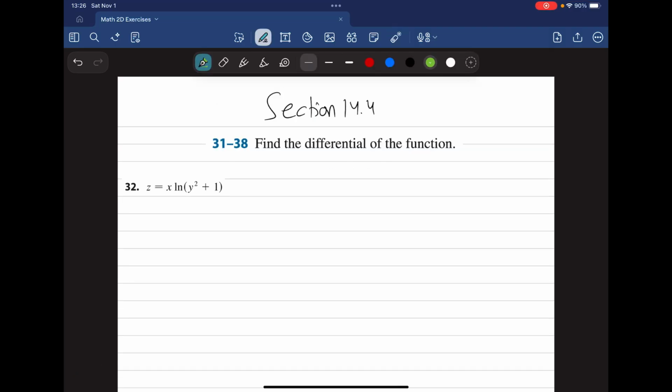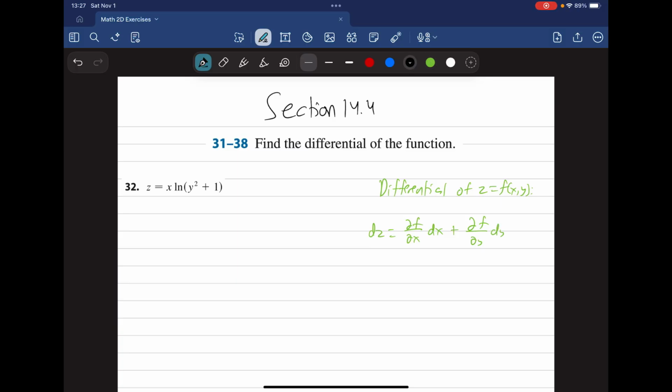Hello. So now we're going to find the differential of this function. Just as a reminder, the differential of a function z equals f of x y is dz, which is given by partial f with respect to x times the differential dx, plus partial f with respect to y times the differential dy.